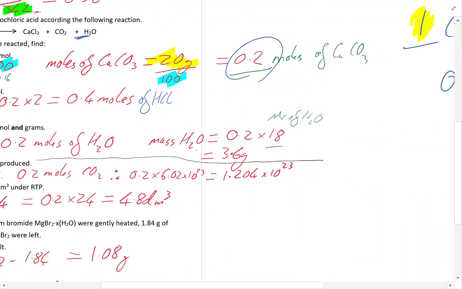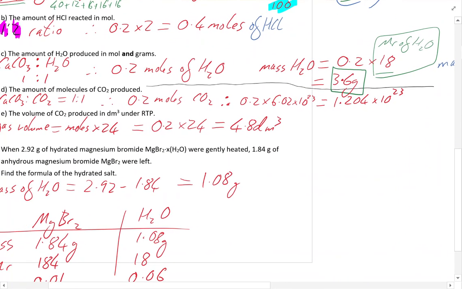And the mass, well, I just need to use my equation, mass equals moles times Mr, now that we've rearranged it. And this would be 0.2 times 18. 18 is the Mr of water. And that gives you 3.6 grams, as you can see in that green box.